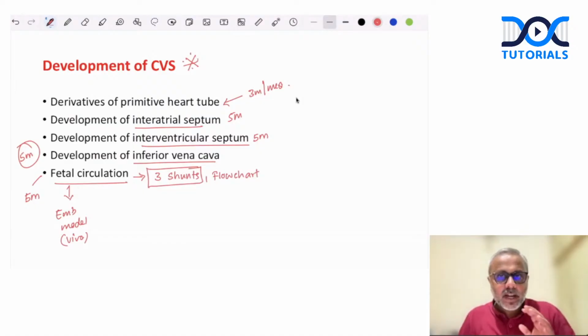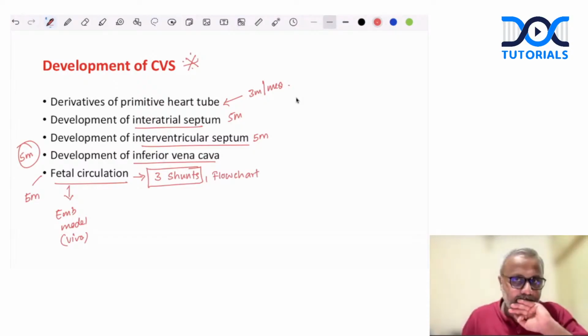Can someone tell me what these 3 shunts are? Those who are in the session, can you let me know?